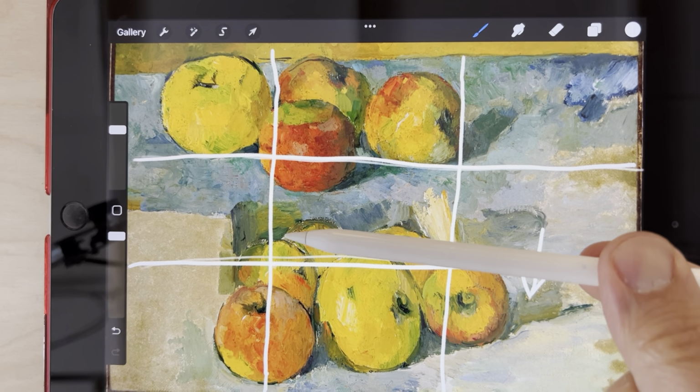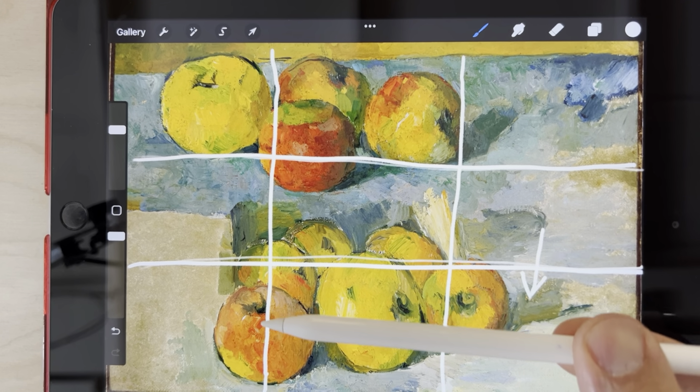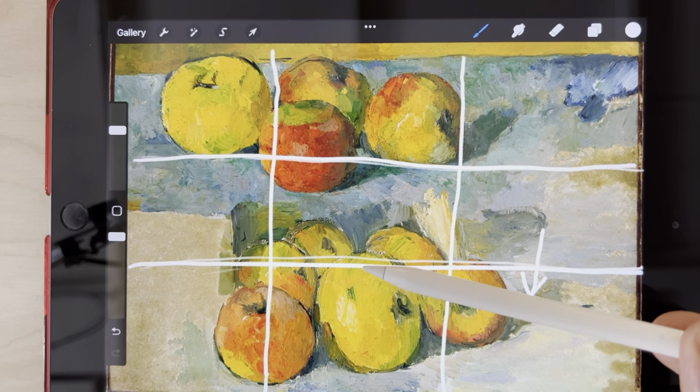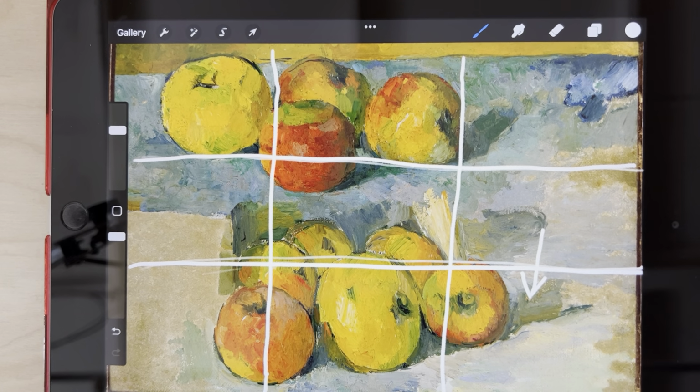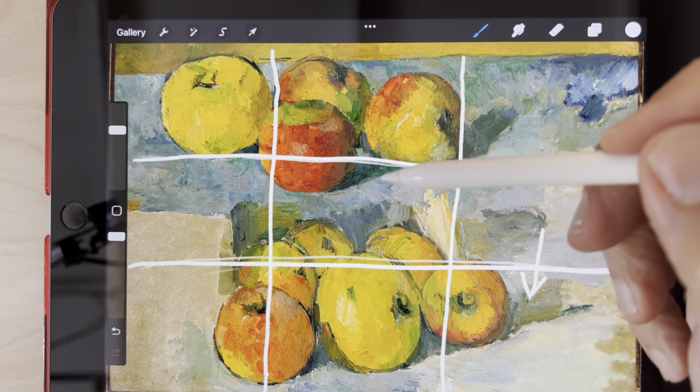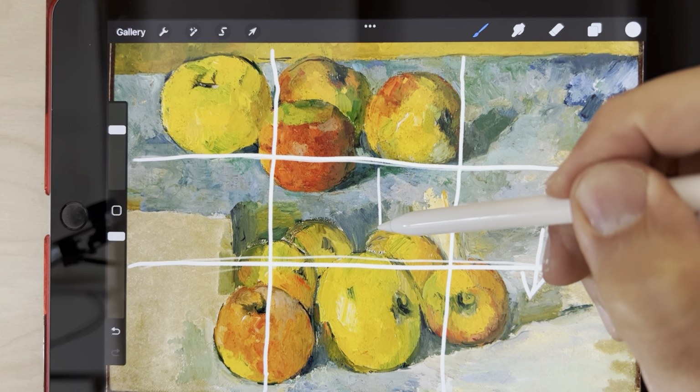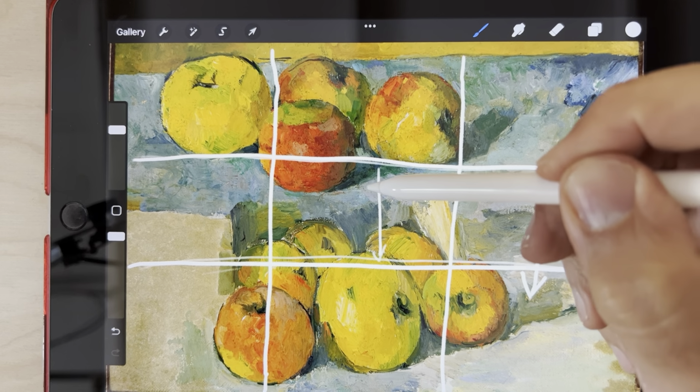Most of the weight of the apples is resting below the one-third line, which is over here, and then the other part is above the one-third line. It's a very tricky composition because there is space between over here.